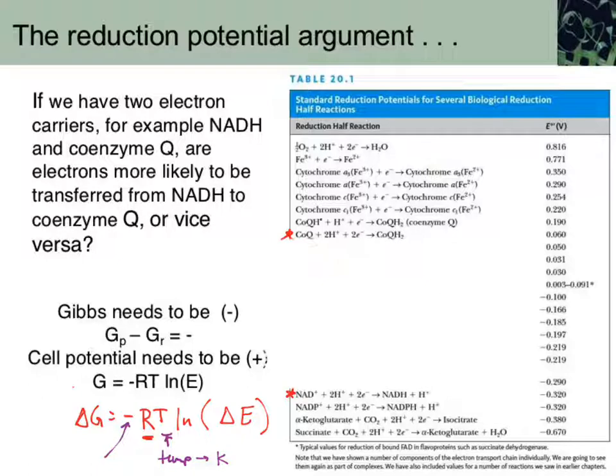So I have to go through and flip these reactions in such a way that the electrons balance out. Okay, so let's say I have CoQ emit electrons to NAD+.